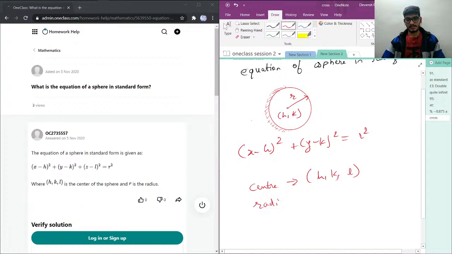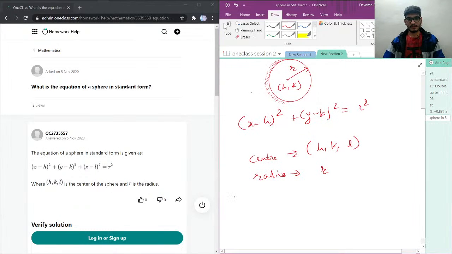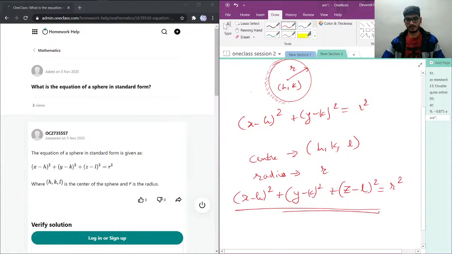Radius is going to be the same, so the equation of sphere will become x minus h whole square plus y minus k whole square plus z minus l whole square equals r square. This equation is for the sphere, this is for the circle. This is a 3D shape and this is a 2D shape.